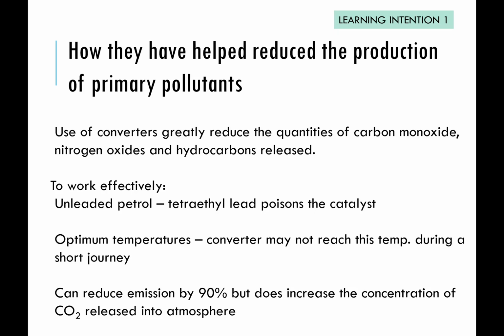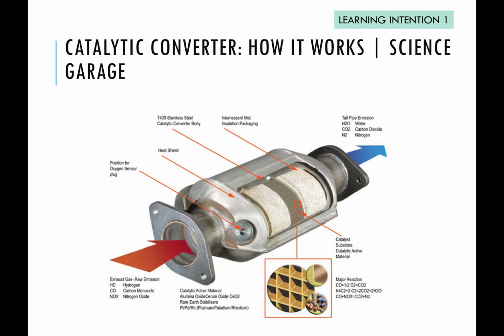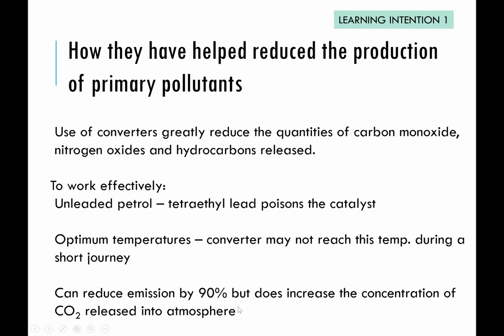So to work effectively, unleaded petrol is needed, because tetraethyl lead poisons the catalysts. The optimal temperatures in the catalytic converter may be reached really quickly during a short journey. That's why we often see kind of gas coming out at the back of our exhaust, because at that portion it's very, very hot.